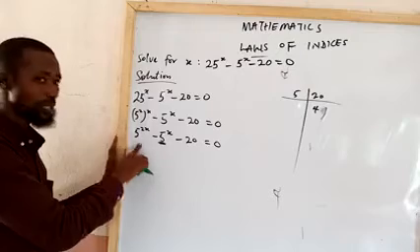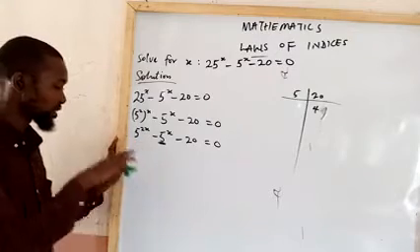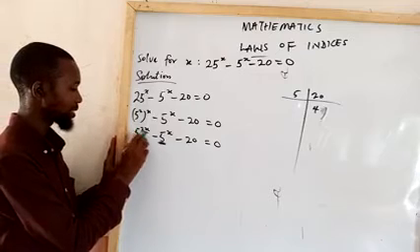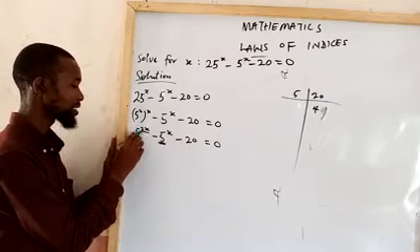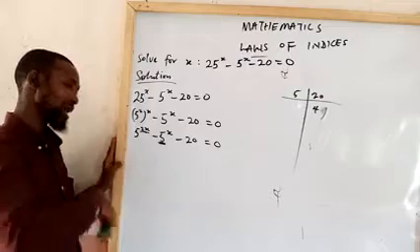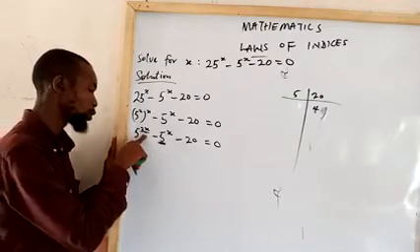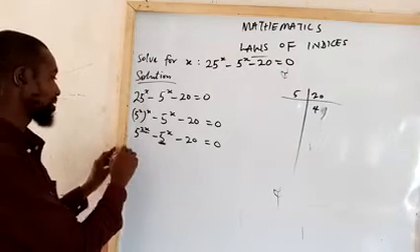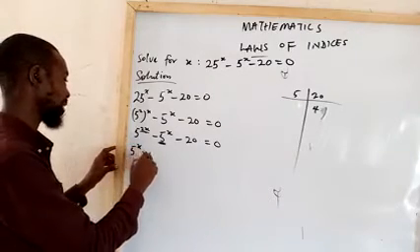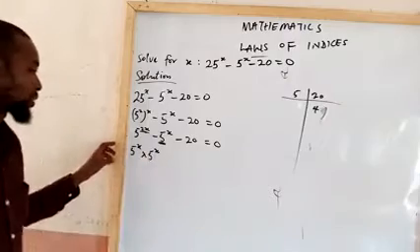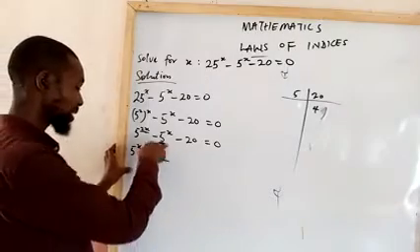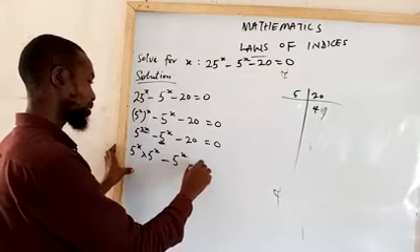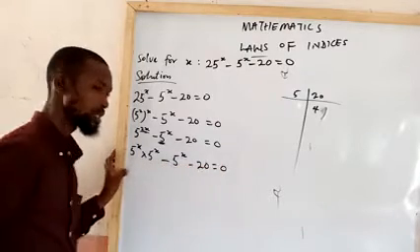The 5 raised to the power 2x has to be broken down into its smallest parts, taking it back to its basis. The basis of 5 raised to the power 2x is 5 raised to the power x multiplied by 5 raised to the power x. Then minus 5 raised to the power x, since this one is in its simplest form, minus 20 is equal to 0.